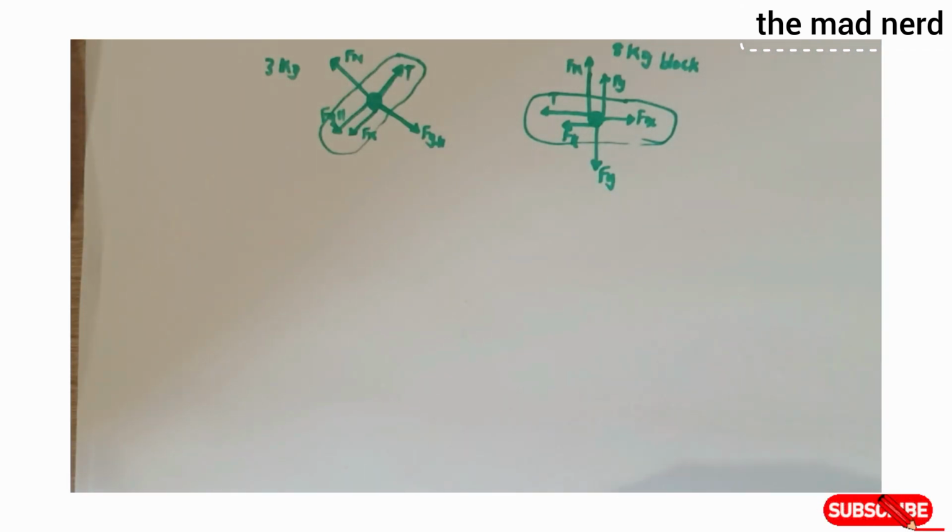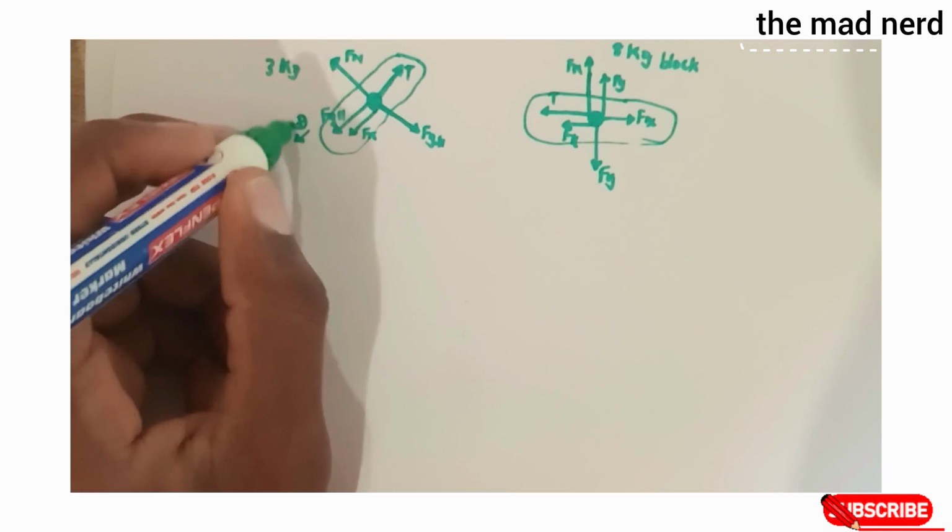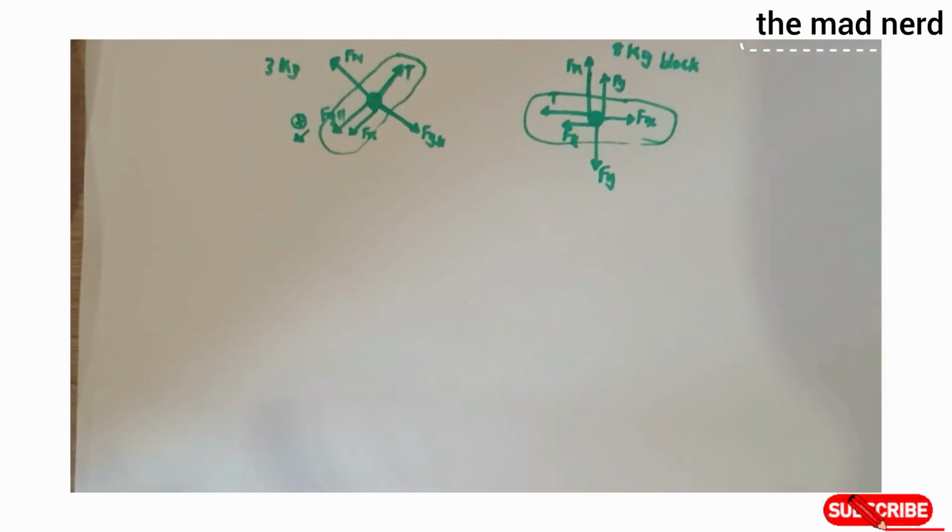So now we take a direction whereby our forces will be positive. If I choose this side to be positive, it means all the forces that are going this side, all the forces going to the left, will be positive.